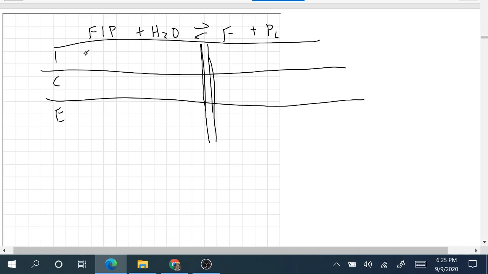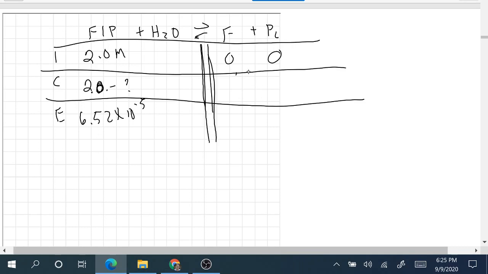So initially we have 2 molar of fructose-1-phosphate, 0 for fructose, 0 for inorganic phosphate. Okay, and then for the change, we're going to have 2 molar minus, I'll just put a question mark here because we don't really need to calculate this. And then we're told we have 6.52 times 10 to the minus 5th of fructose 1-phosphate at equilibrium.